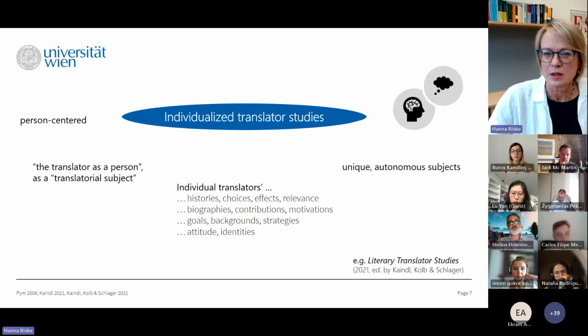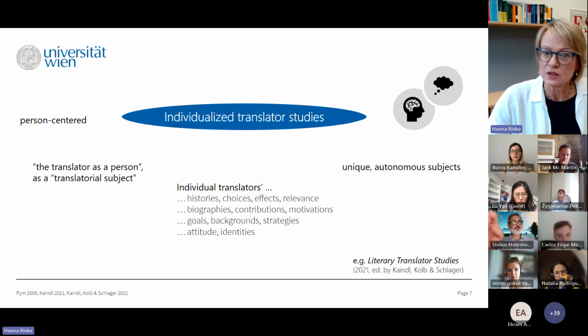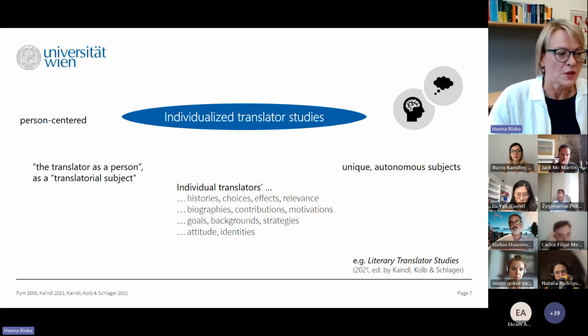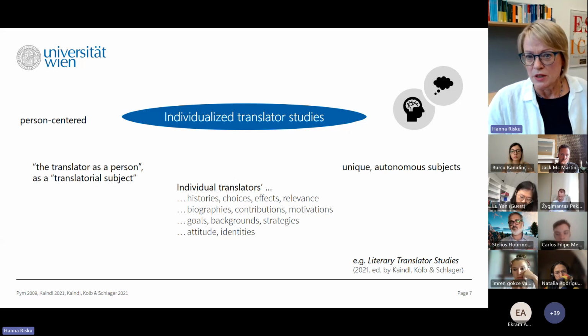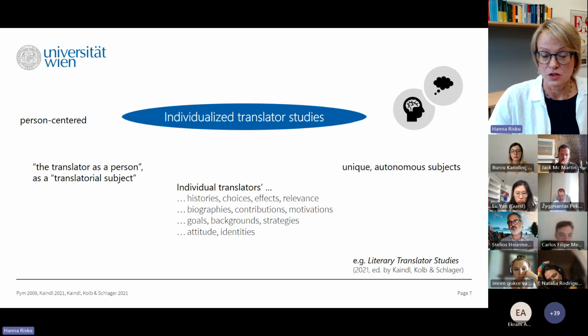It investigates the biographies, contributions, and motivations of individual translators as key actors, with their own unique goals, backgrounds, and strategies. So according to Klaus Kindl, such an approach can, I quote, "provide us with a deeper understanding of the individual dimension of translation," end of quote.